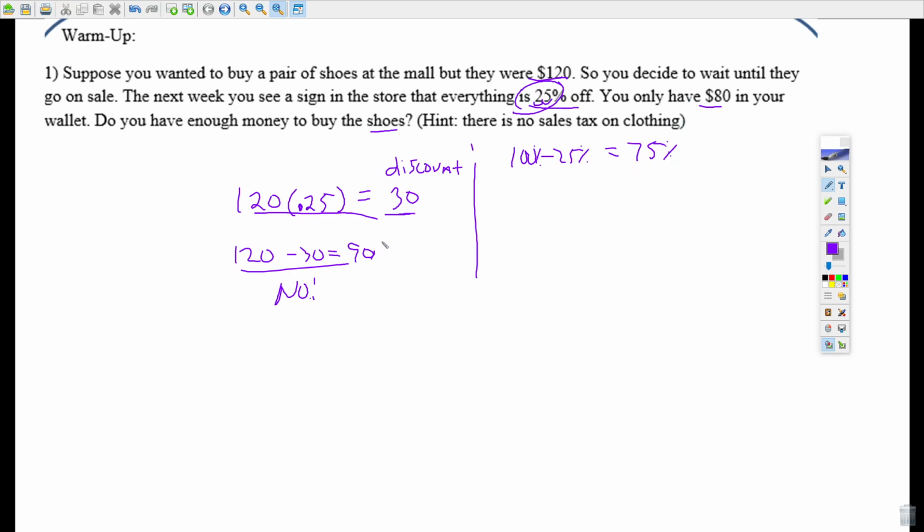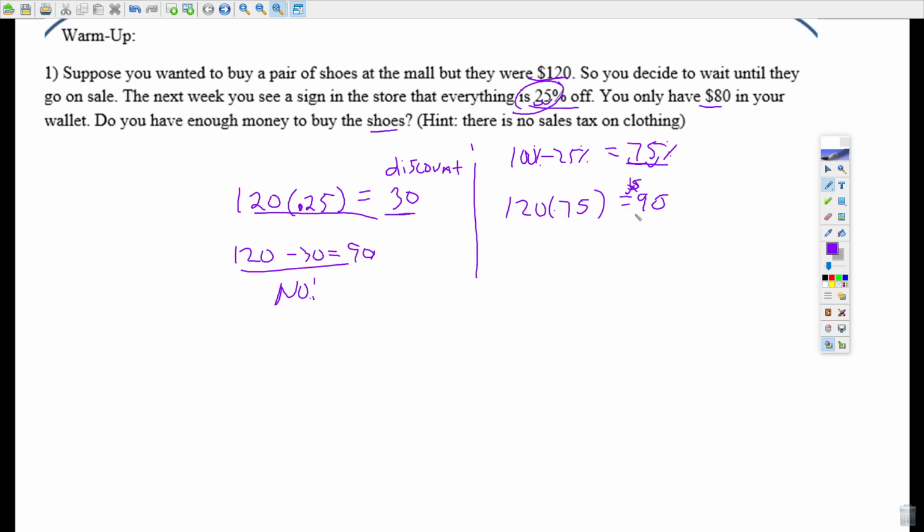So instead of going through these two steps here, I would just do this part in my head and say, okay, I'm spending 75% on the item. And if you take 120 times the 0.75, don't forget to move the decimal over twice, then we have the $90. And that's your answer.